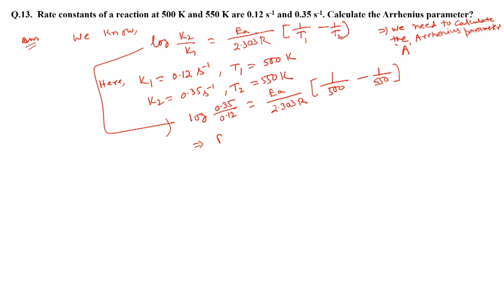So, we get EA. The ratio is approximately 3, we can consider. So, we get log 3 times 2.303 into 8.314, divided by 50 times 500 times 550.